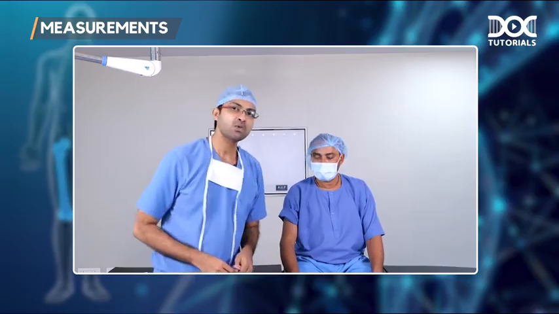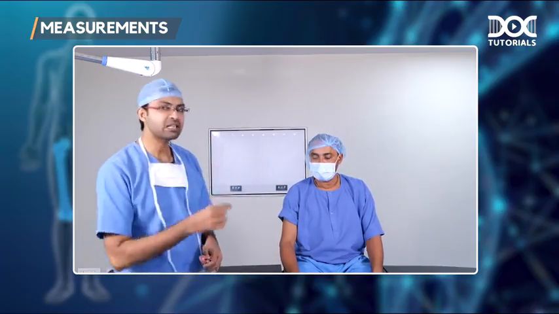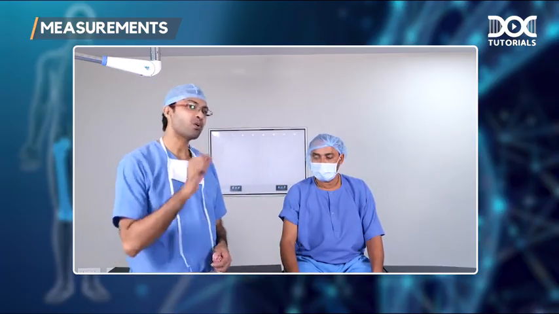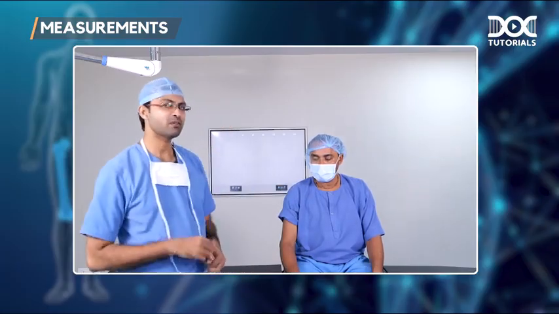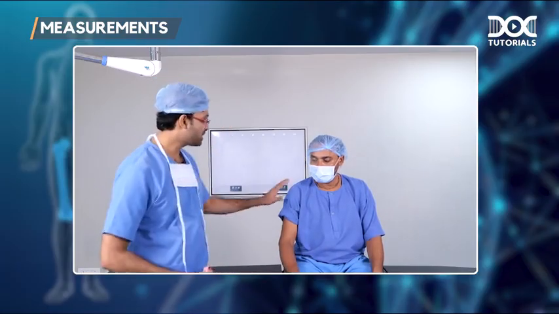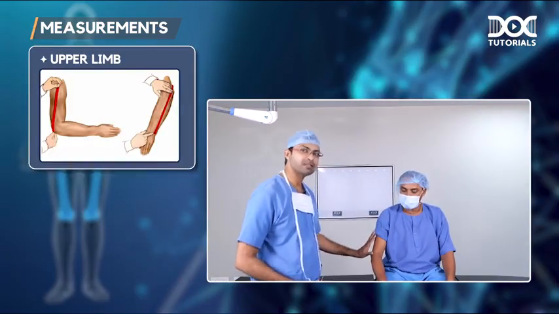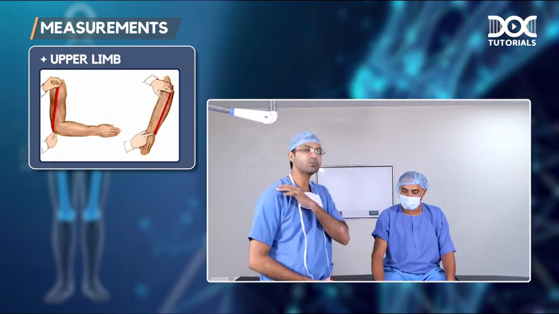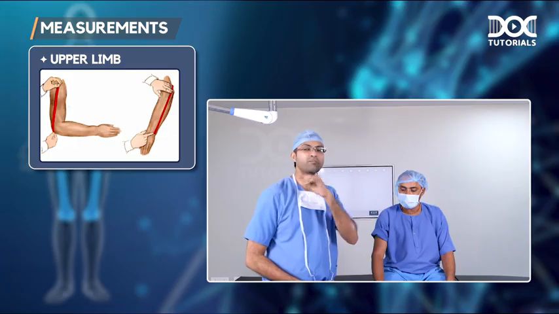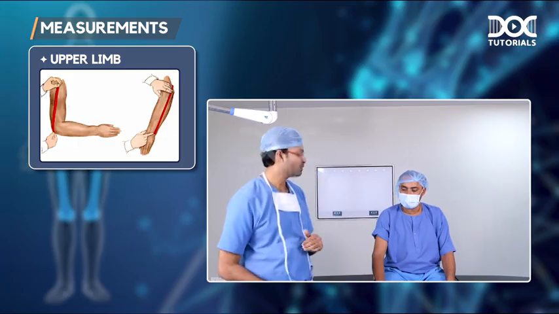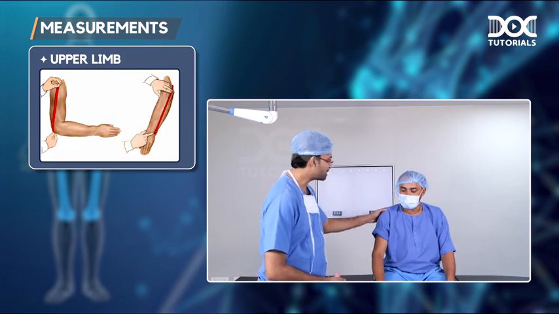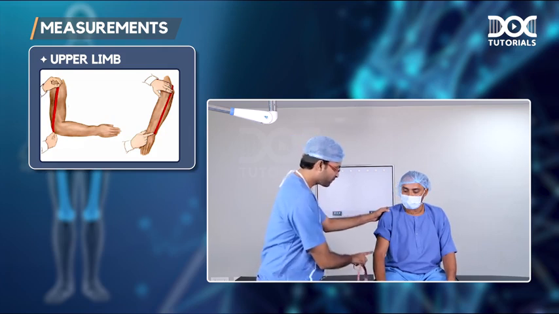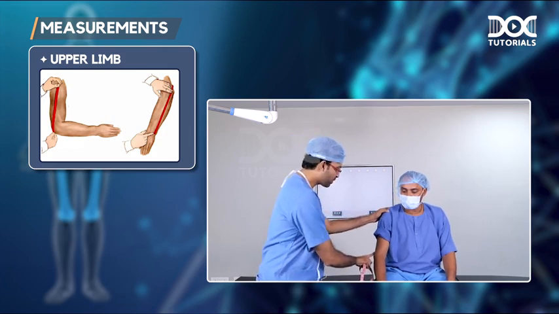Okay. Now, how can you measure the linear dimensions of a bone? It should always be measured from one bony point to another bony point. For example, if you are measuring the length of the humerus, obviously it is very difficult to look at the top of the or palpate the top of the humerus. So what you can do is that you can take two substitute points. You can start measuring from the angle of the acromion till the lateral epicondyle here.